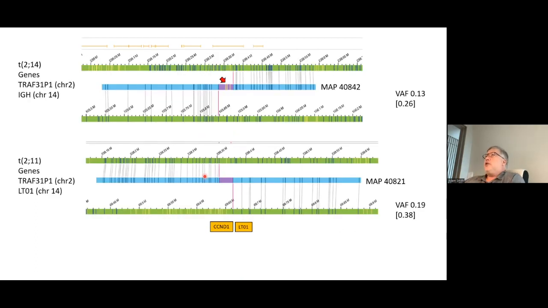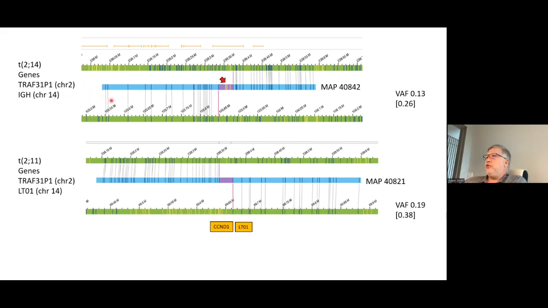Okay, so these are the maps for these two rearrangements. This is the 2;14, and you've got the TRAF3IP1 gene on chromosome 2 as the overlap gene, and IGH, the region on chromosome 14. There's a lot of little genes that comprise the IGH cluster.